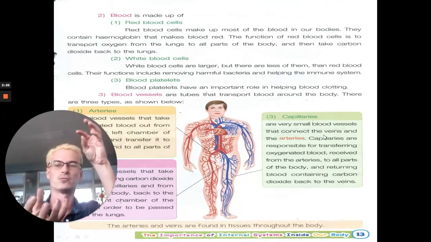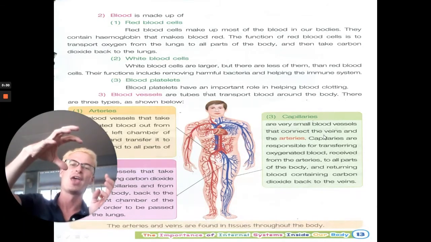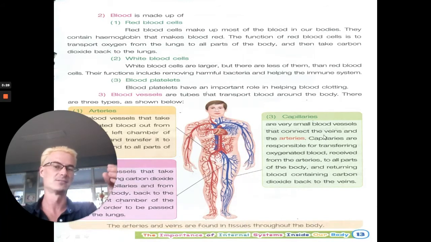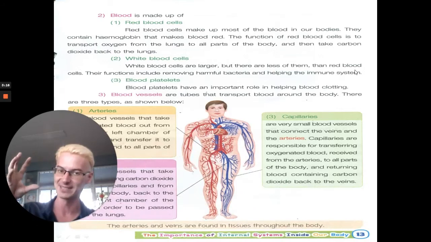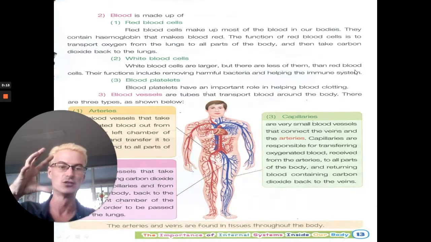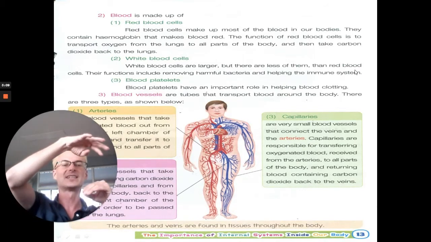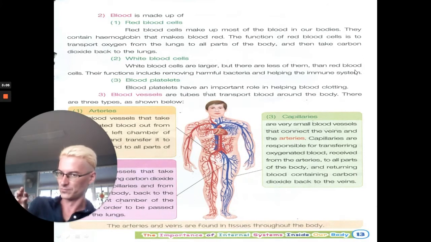They go like a network all around the body. The blood comes from here, and gradually it gets to the vein and is transferred back to the lungs. And capillaries are responsible for transferring oxygenated blood received from the arteries, as I explained just now, to all parts of the body, and then returning the blood containing carbon dioxide back to the veins.